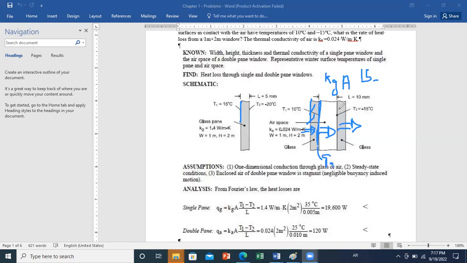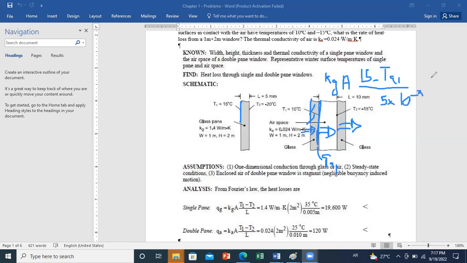So 15 minus TR1 over the thickness of the first layer, let's say 5 millimeter, so 5 times 10 to the minus 3.